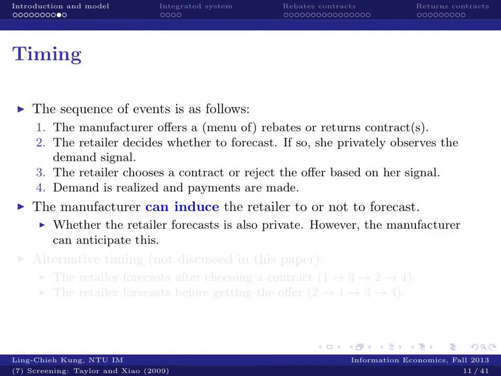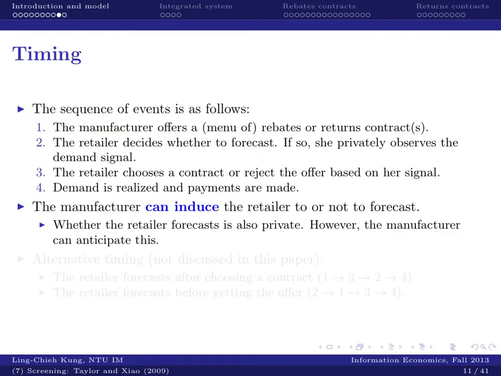In this case, following this timing, the manufacturer can somehow induce the retailer to forecast or not to forecast, right? Because the retailer makes this decision according to the manufacturer's offer. So the manufacturer can adjust his offers to change the retailer's behavior.